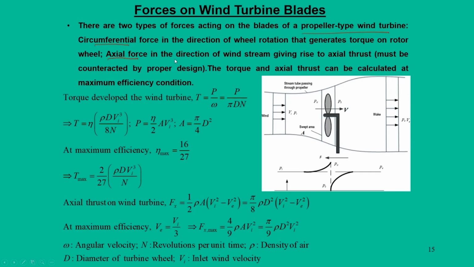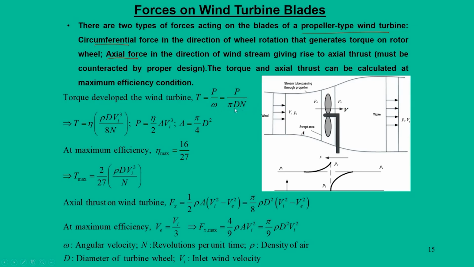So, this gives the structural stability of the wind machines, for which the axial force needs to be evaluated. Now, all this analysis we must do at the maximum point of efficiency or optimum exit velocity. So, let us try to understand the torque developed by the turbine, that is P divided by omega.